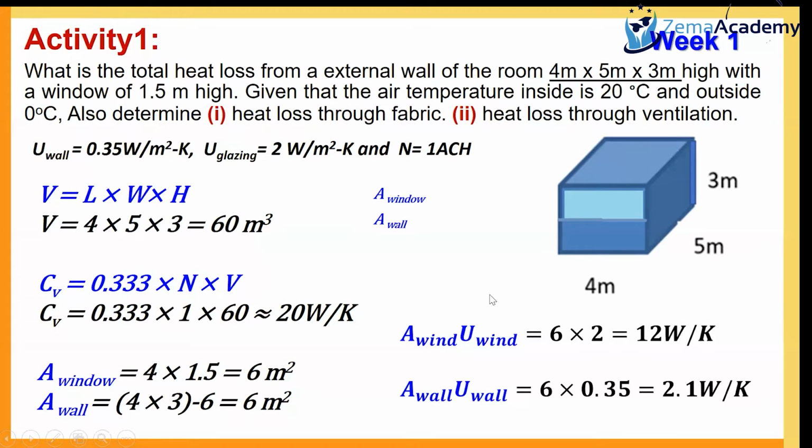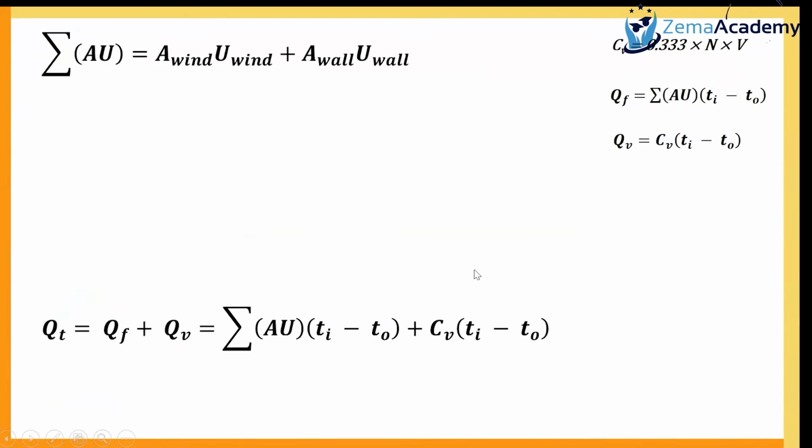Just to remind you, the thermal conductance of the window is 12 and the thermal conductance of the wall is 2.1. So you need to add these two up over here, and then multiply by the difference in the inside-outside temperature. That will give you the fabric heat loss.